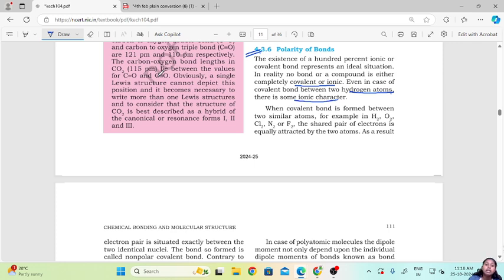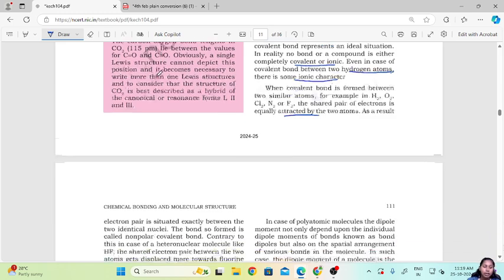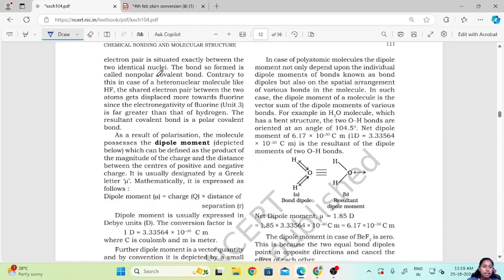But there is also an attraction force between these atoms. As a result, the electron pair is situated exactly between the two identical nuclei. The bond so formed is called a non-polar covalent bond.